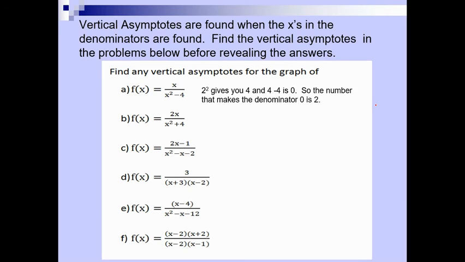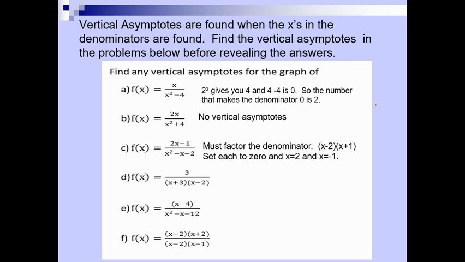What about B? What's our vertical asymptote? That is correct. We don't have a vertical asymptote. There will never be a -4 to cancel out the 4. All right, what are our factors for C, which turn into our vertical asymptotes?